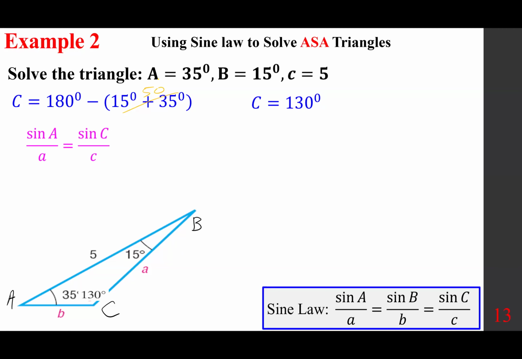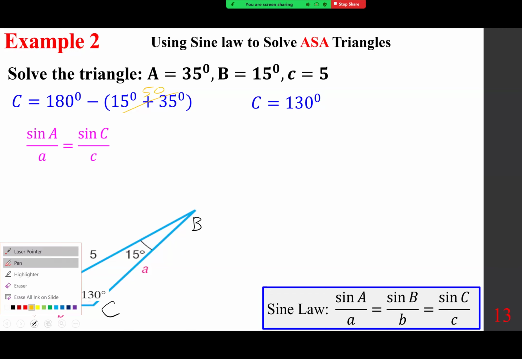Sine A over a equals sine C over c. So sine of 35 degrees, lowercase a missing, sine of 130 degrees, lowercase c is 5.